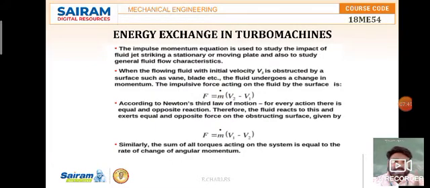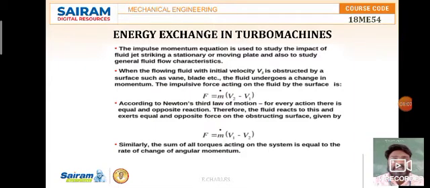We study the impact, and also the general fluid flow characteristics. When fluid flows through the nozzle or orifice, before hitting the tip of the turbine blade, what are the changes in the fluid characteristics? That is what we are going to study.